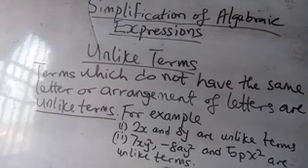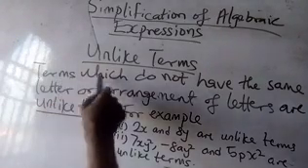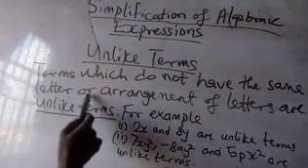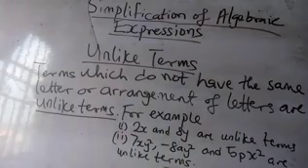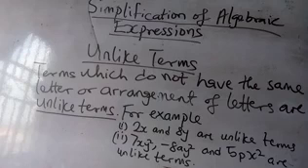So unlike terms are terms which do not have the same letter or arrangement of letters. That is, terms without likeness. Terms without likeness, we call them unlike terms.